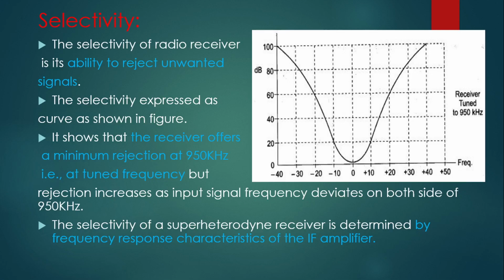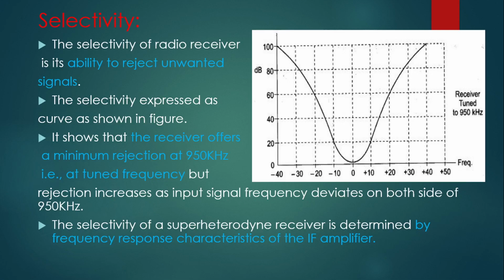You will find that the receiver offers a minimum rejection at 950 kilohertz. The deviation values are taken along the x-axis, so you will find 0 at 950 kilohertz, which is the tuned frequency. For example, the receiver is tuned at 950 kilohertz.